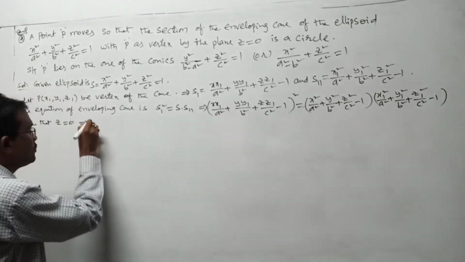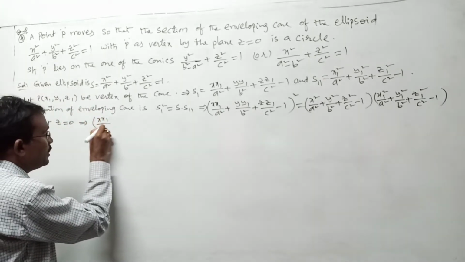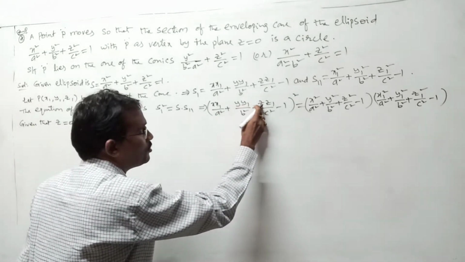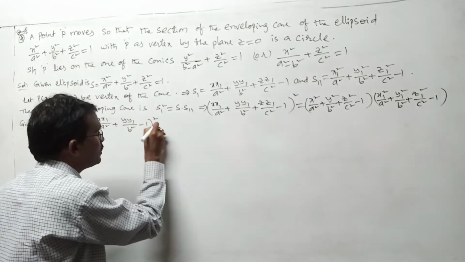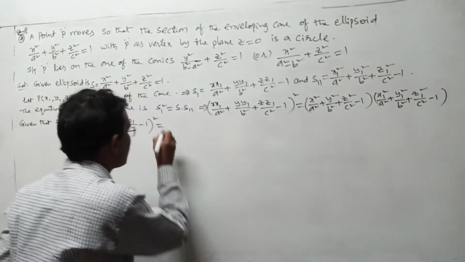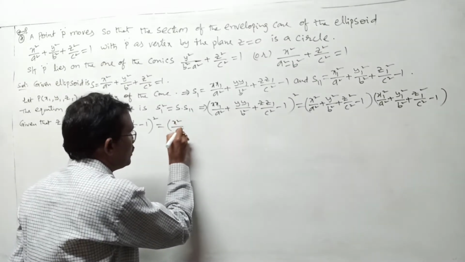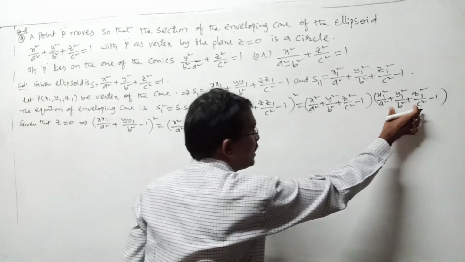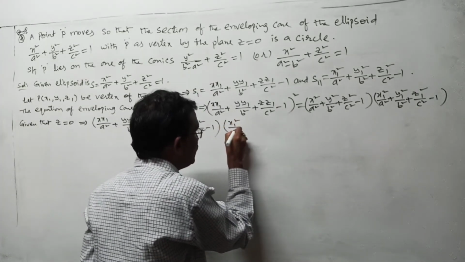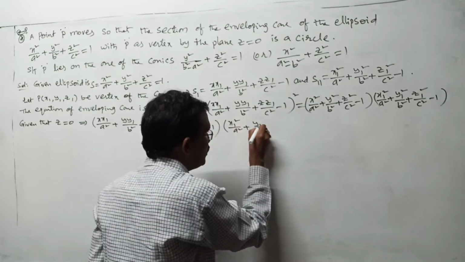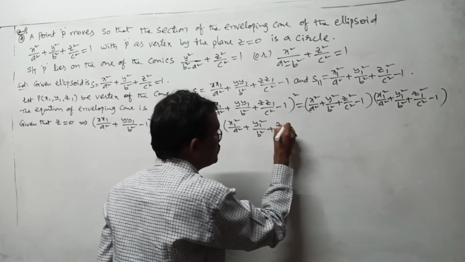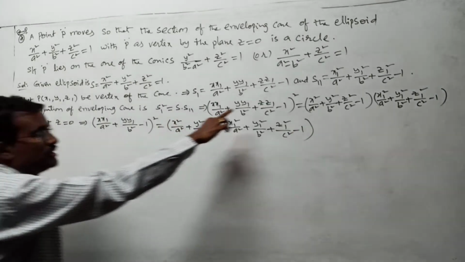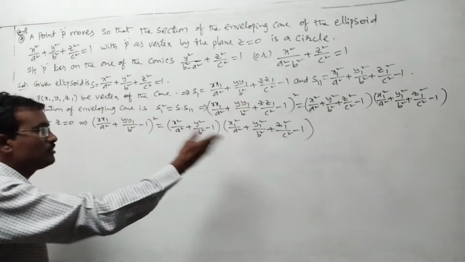It is (x x1 by a square plus y y1 by b square minus 1) whole square, since z is 0, is equal to, here also z is 0, x square by a square plus y square by b square minus 1 into x1 square by a square plus y1 square by b square plus z1 square by c square minus 1. Just we put z equal to 0, and the above equation reduces like this.